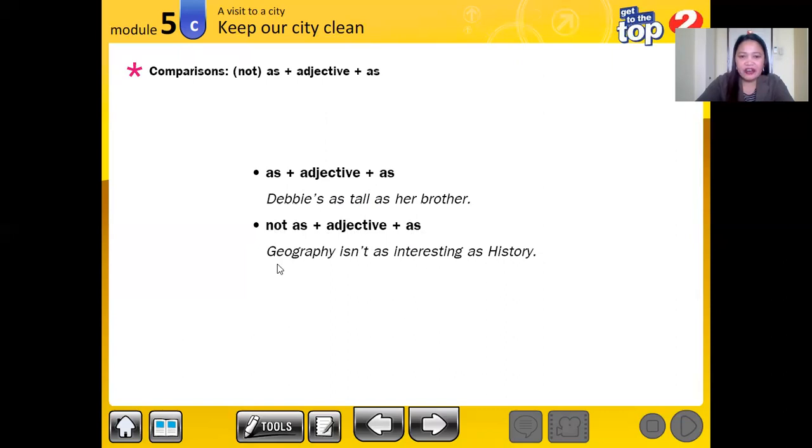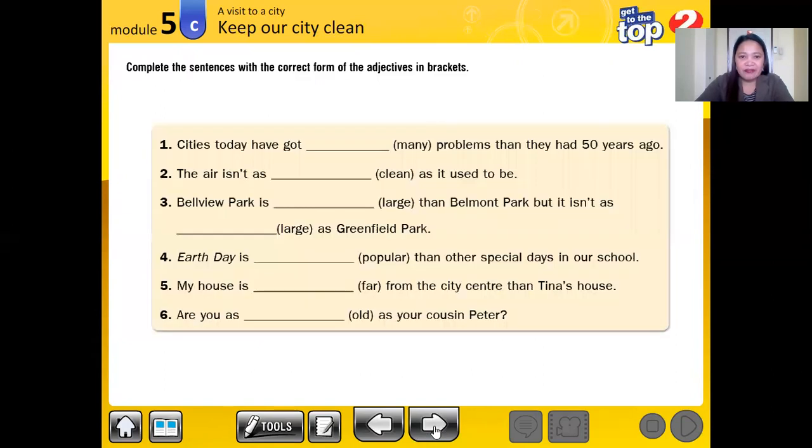So we say geography isn't, or is not, as interesting as history. So not as, adjective, and as. Okay, that's how we are going to use this adjective comparison.